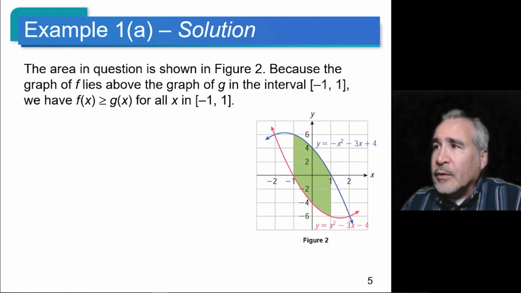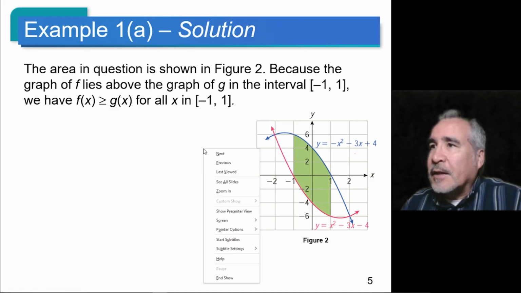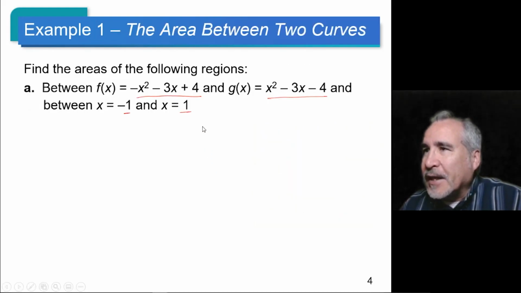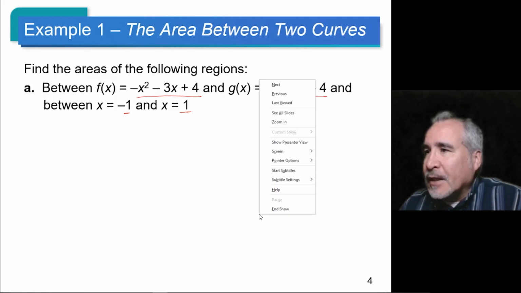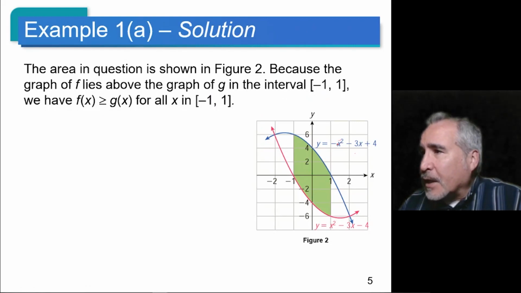So the first thing we do is we graph it. So the one with the negative, f of x, is on top, g of x is on bottom in the range that we're looking for.